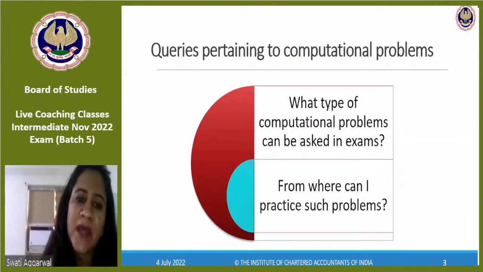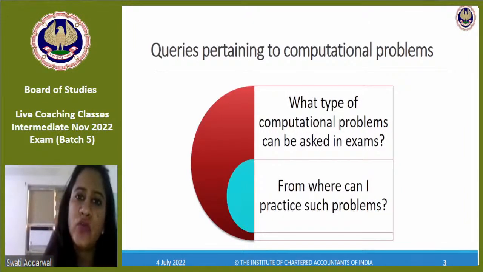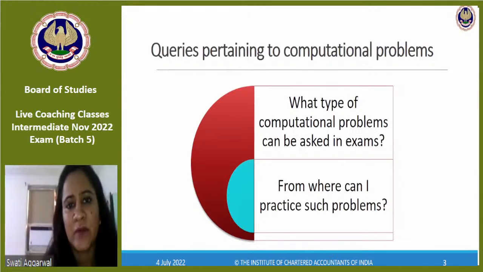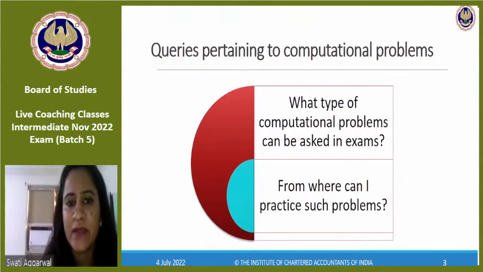So sometimes a computational problem is asked out of a particular nature of service, like agriculture. There are so many nitty-gritties involved in a particular service that you need to go through what exactly is exempt from GST and what is not exempt. So a question may be given on a particular service like agriculture or education or anything else. Then it might be given that you need to determine the liability to pay tax, right?